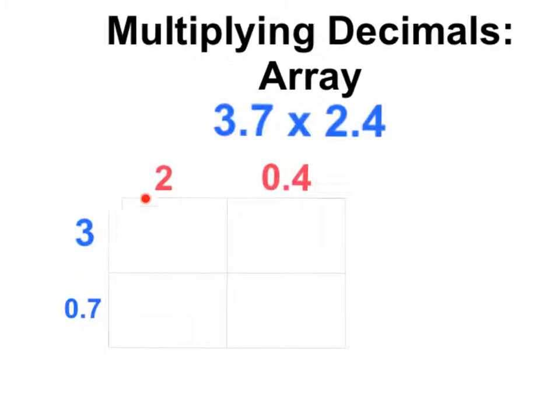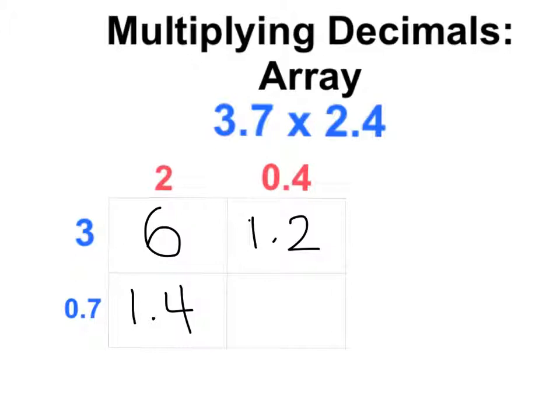First I'll multiply 2 by 3, which would give me 6. Next I'll multiply 2 by 7/10, which would give me 1 4/10. Then 3 by 4/10, which would be 1 2/10.